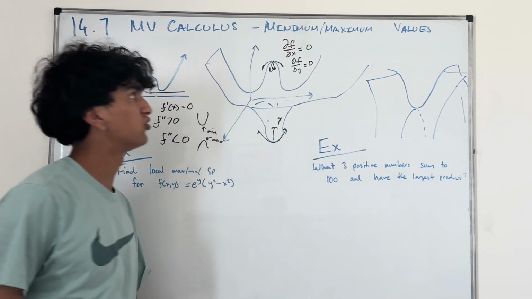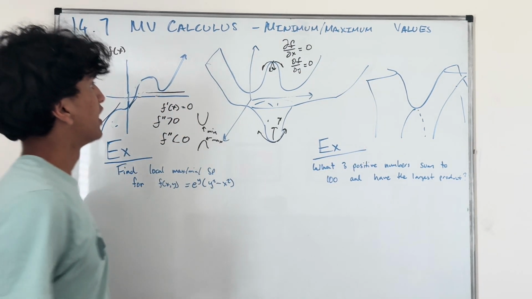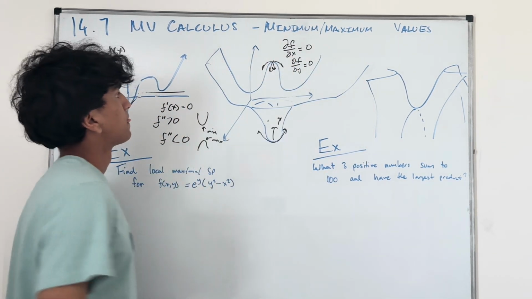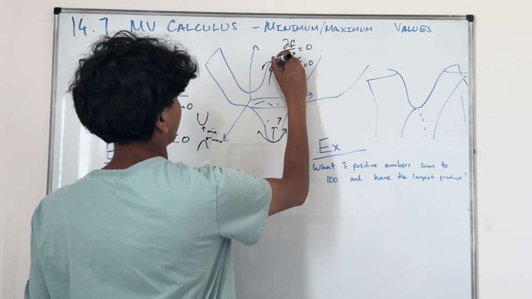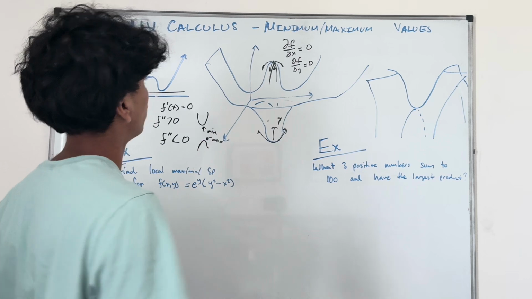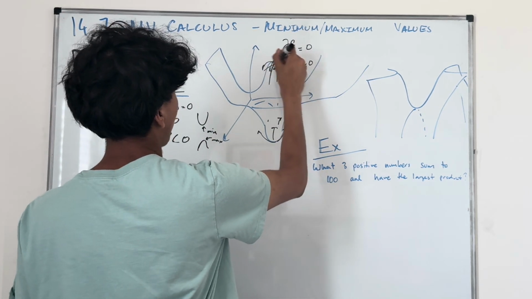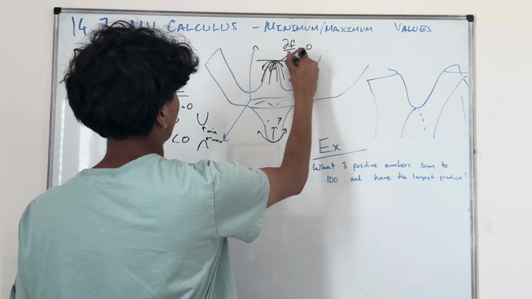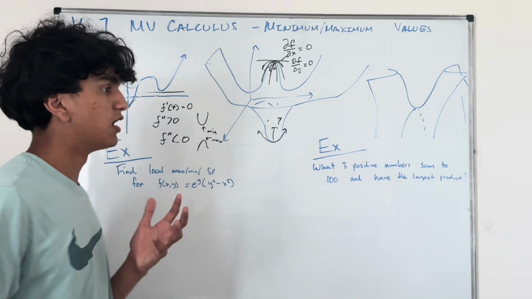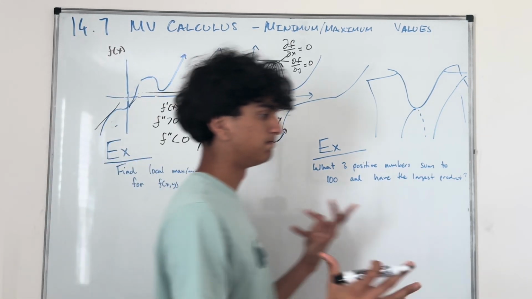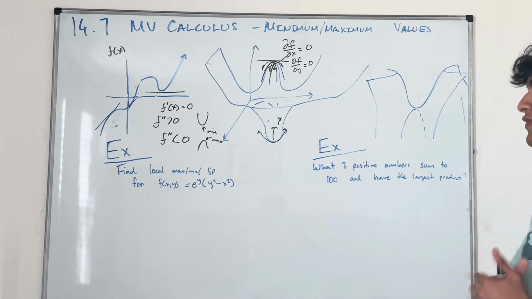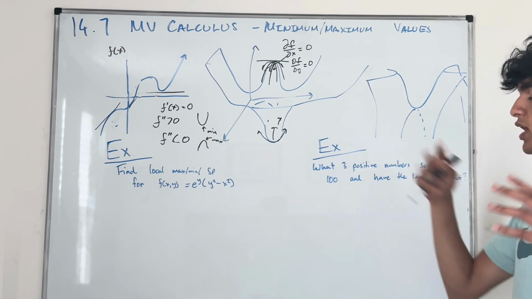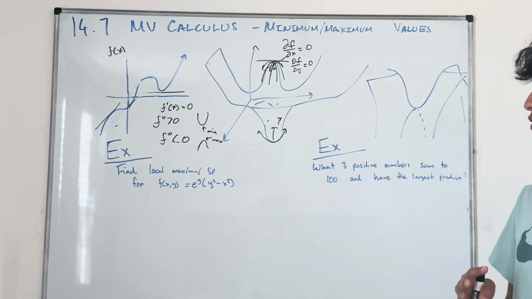When both of those conditions are true, you can see at this point, if you were to think about the x direction, the tangent line is equal to 0, and in the y direction, the tangent line is equal to 0. So you have this critical point where the partial derivatives are equal to 0, and we're going to use a second derivatives test to figure out whether it's a maximum or minimum.